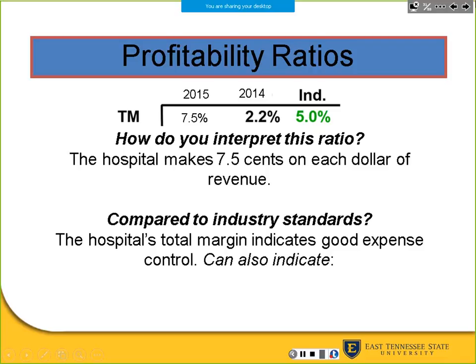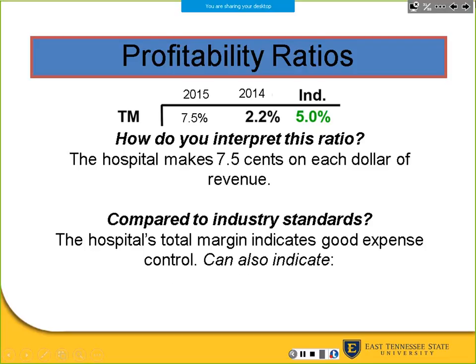So going beyond how do we interpret it, what is that going to tell us? So we're looking at how well we control our expenses. And this is a really good indicator that we're doing a great job controlling our expenses, especially after our increase from 2014 to 2015.